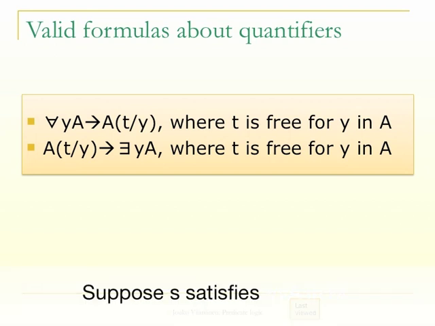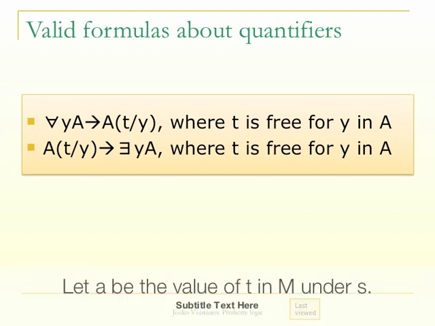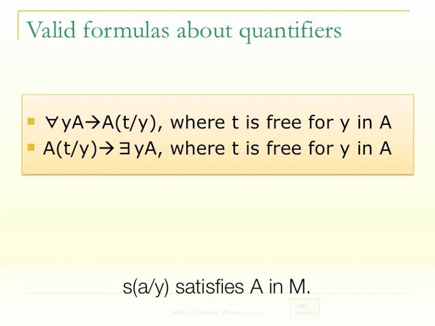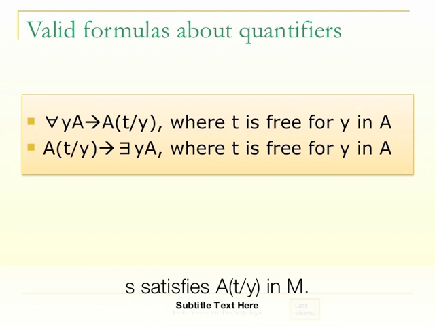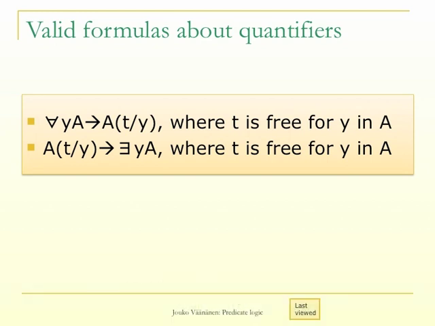Let us suppose S satisfies for all y A in M. Let a be the value of the term t in M under the assignment S. Then S a/y satisfies A in M because all elements satisfy A in M. By the substitution lemma, then S satisfies A t/y in M. So here you see how useful the substitution lemma is.